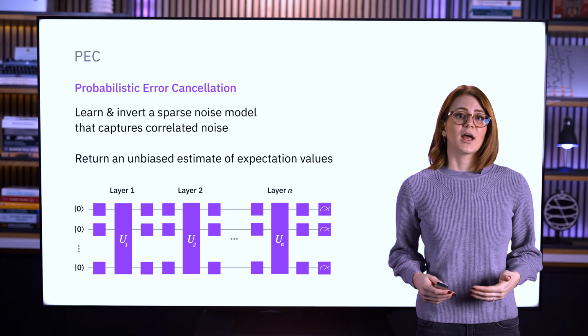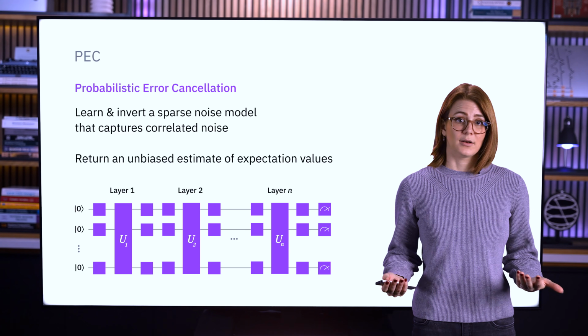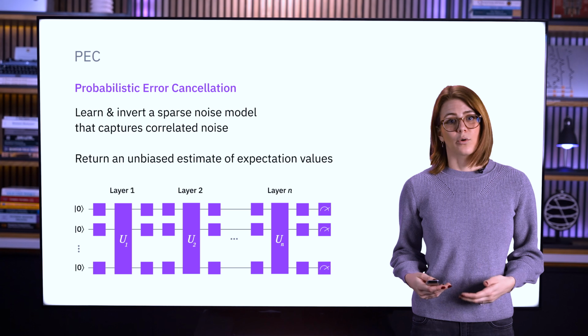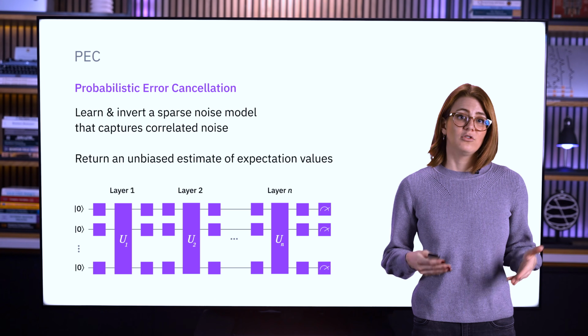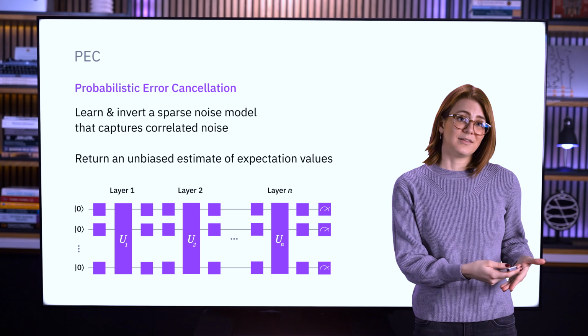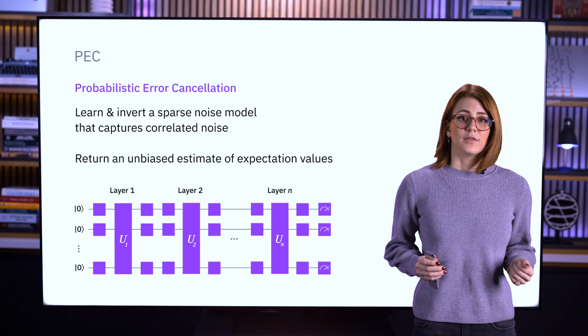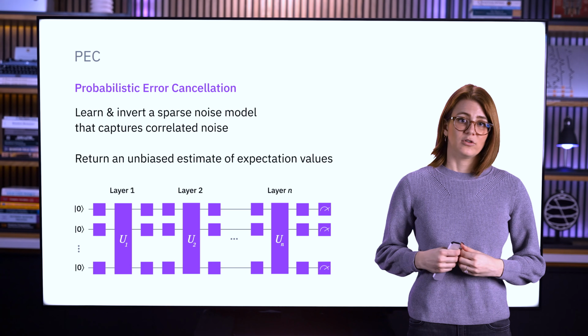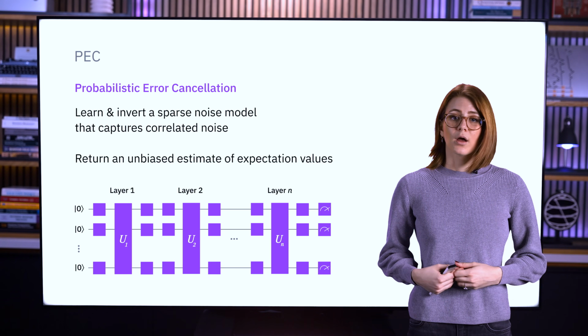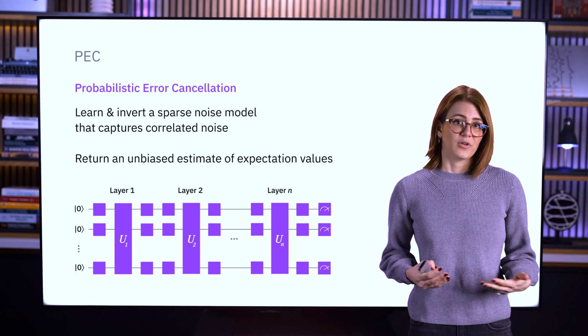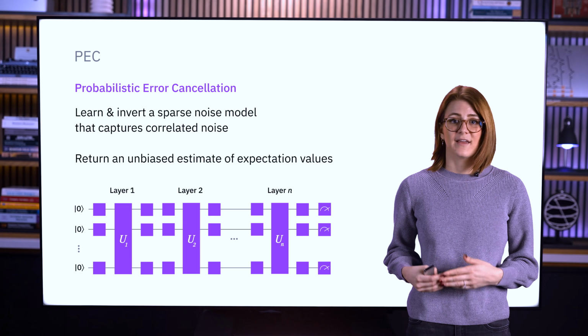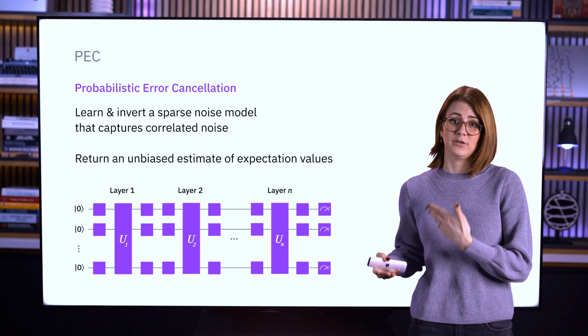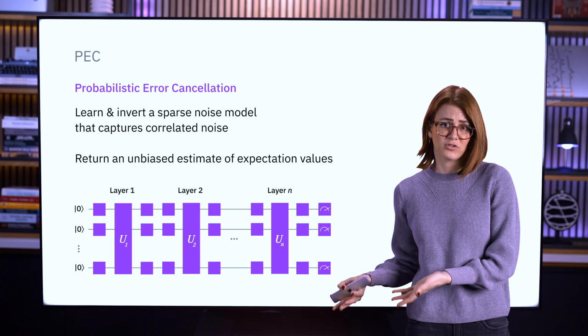You begin by learning about the noise that's affecting your circuit by running noise learning or noise characterization circuits for each unique layer of 2-qubit gates that are in your circuit. These results let you describe the noise in terms of Pauli operators. Once you know these noise terms, you can modify your circuits so that they effectively have the opposite Paulis built in to cancel these noise channels.